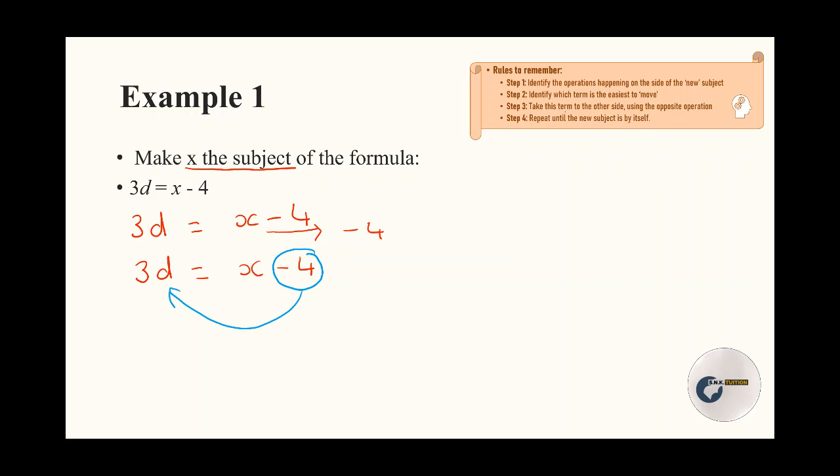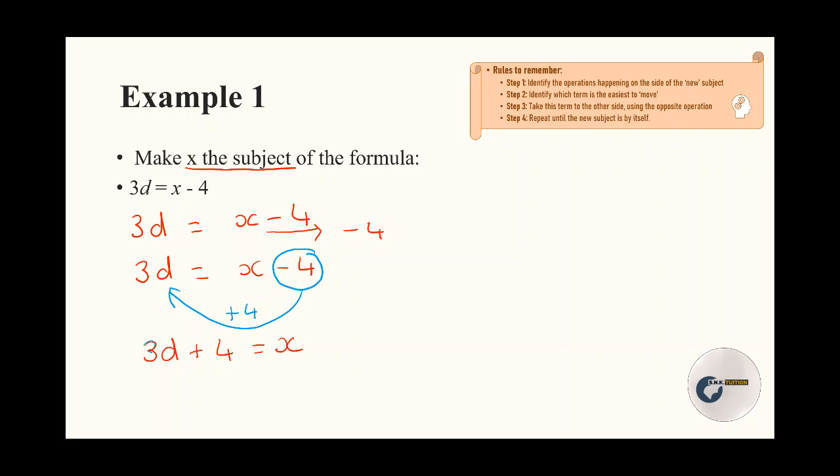It says take this term to the other side using the opposite operation. So we know the opposite of minus is plus. So we add 4. Now, minus 4 plus 4 on this side, it cancels to leave x by itself. And then that leaves 3d plus 4 is equal to x.